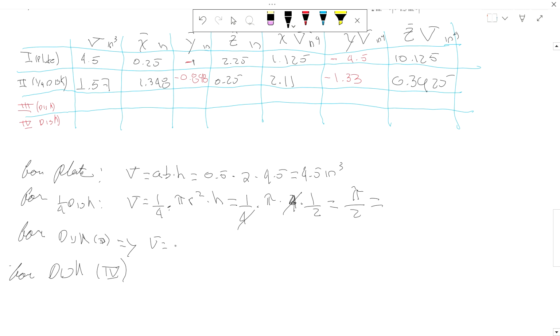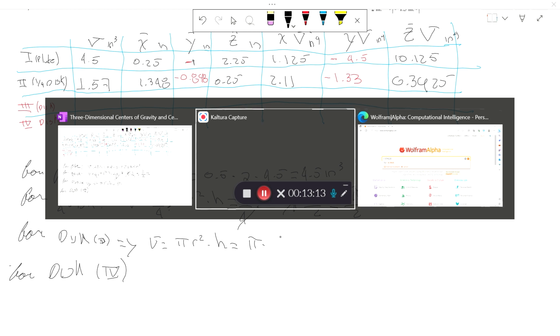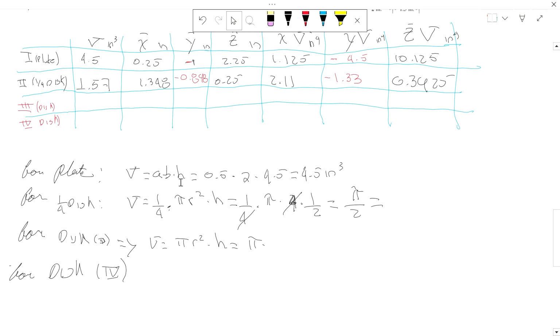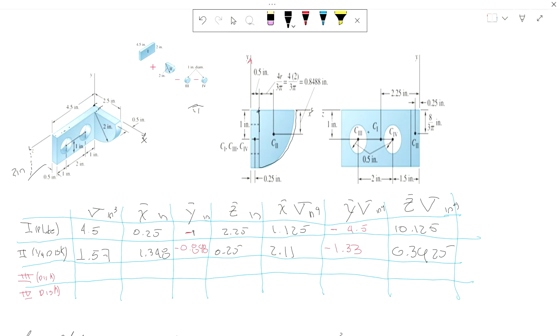Volume equals the same thing that we had before, so it's going to be the full cylinder, so we don't need the 1/4 or 1/2 or anything. It's just going to be the area times the height. So that's pi times the circle, which was 1 inch, I think. Yeah, it is an inch.